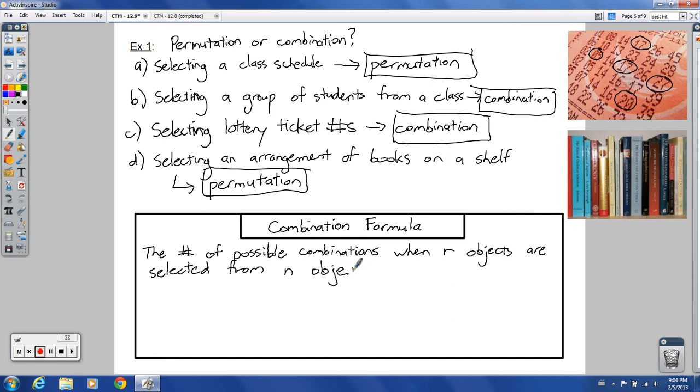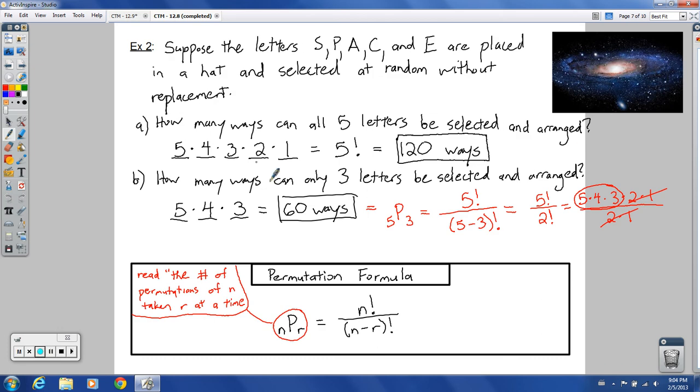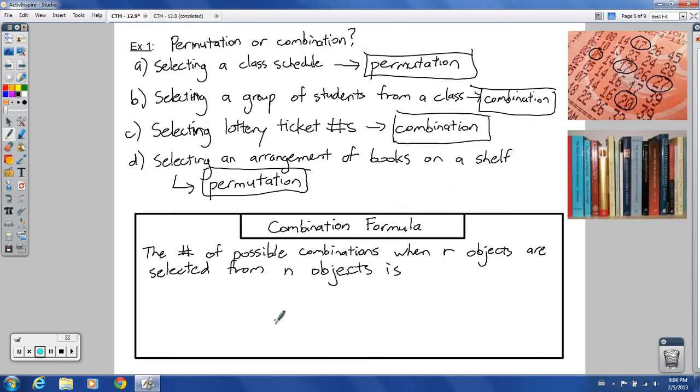So we're going to use r and n again, just like before. And it's going to look really similar to what we had here. So it's going to be n, but now C for combination instead of P for permutation. And then we'll see what the difference is. You're starting with the same basic formula. We're adding one extra thing into it. So this will be written as n, and then a C, and then an r.